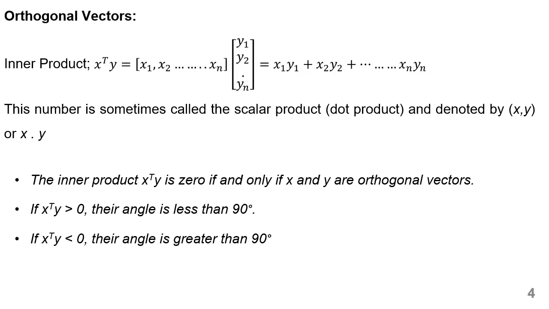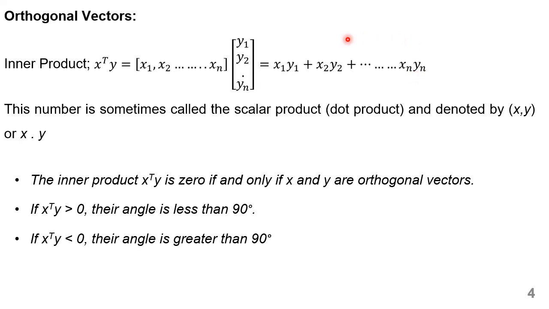Let us try to understand the concept of orthogonal vectors. Given the two vectors x and y, x having the components x1, x2 up to xn, y having the components y1 up to yn, then the inner product x transpose y is given by x1 y1 plus x2 y2 plus so on up to xn yn.